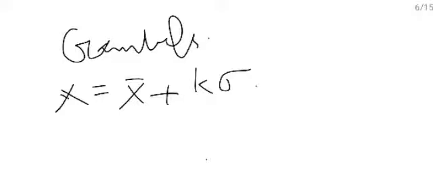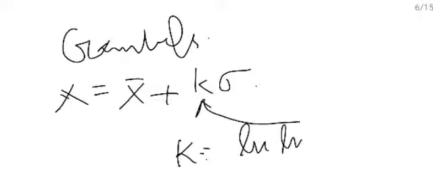So we take a history of values for a particular number of years, find the mean and standard deviation, and the chosen peak flow is given by this equation, where k is given by an expression in which t is the return period.